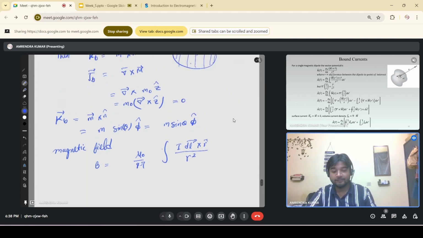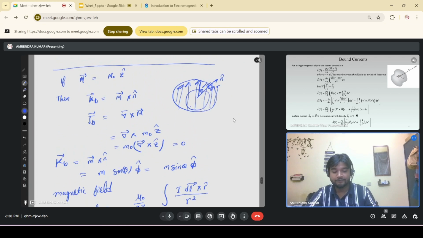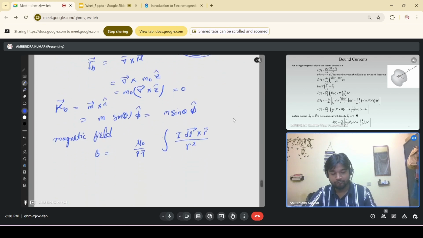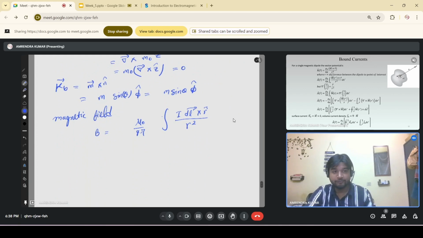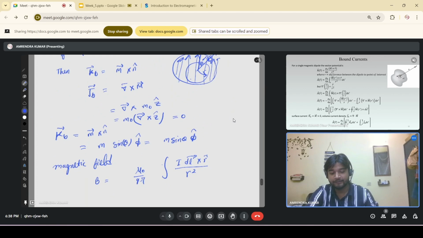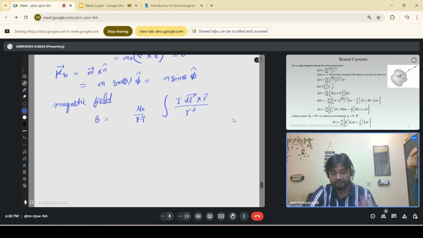If you want to know the magnetic field at some position r, you also have to know how much current is flowing through that surface made by this small r sphere. So you have to calculate the bound current. First let's calculate the bound current. K_b is nothing but M sine theta phi cap.